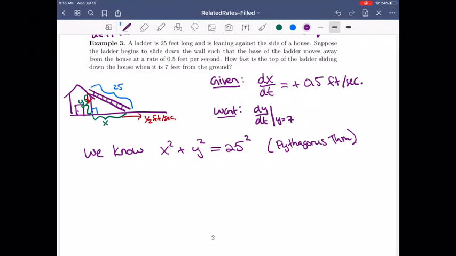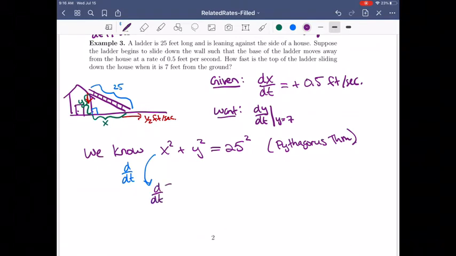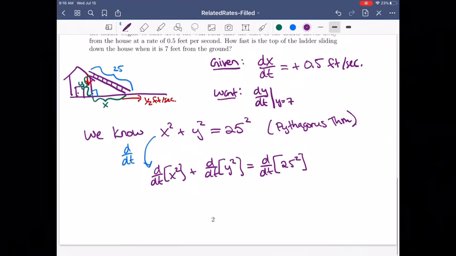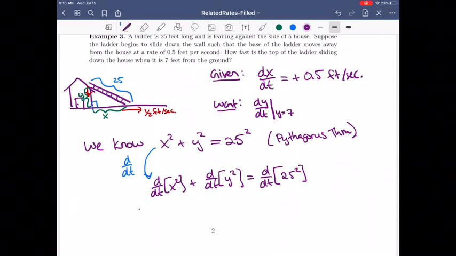So we're going to take this and differentiate with respect to t. I'm going to have d/dt of x squared plus d/dt of y squared equal to d/dt of 25 squared. I don't actually care what that number is, because I know the derivative is going to go to 0.